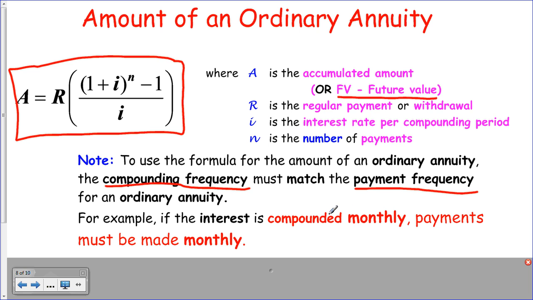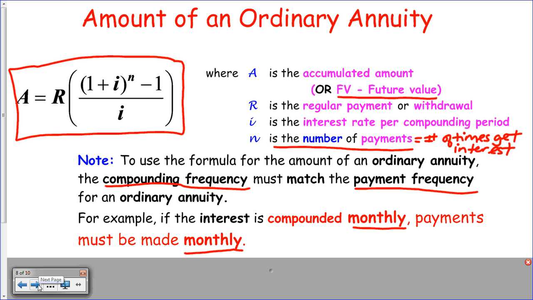All that means is if something is being compounded monthly, the payments have to be monthly. If something is being compounded daily, the payments have to be daily. So those have to match. And because those match, n, the number of payments, will also be equal to the number of times you get interest. So it's the same calculation as before, which is number of years times the compounding period. So that will work here as well.